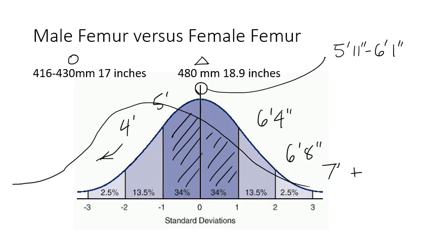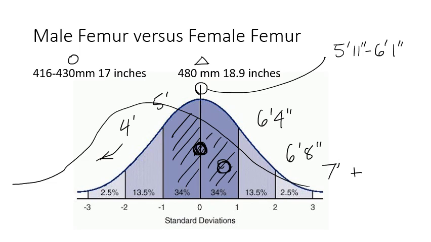It might very easily be a male who is shorter. The same thing is true of a female who would fit into this category right around here, who has a 480 millimeter femur. We could assume, well, the person's tall, they're over 6 feet if we're finding a femur that's in this area, but that doesn't necessarily mean it's a male, because again, it tapers off with that bell curve.